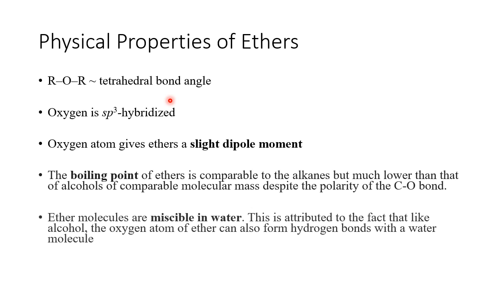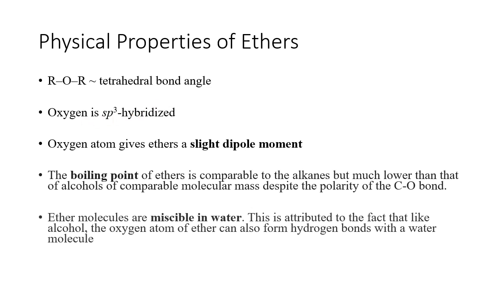So if I tell you 109, or 109 and a half, or 110, I am fine with that. And so they're just tetrahedral in shape, with a pyramid shape as well, and all of these sp3 hybridized atoms, the carbons and oxygen, have the same tetrahedral shape.